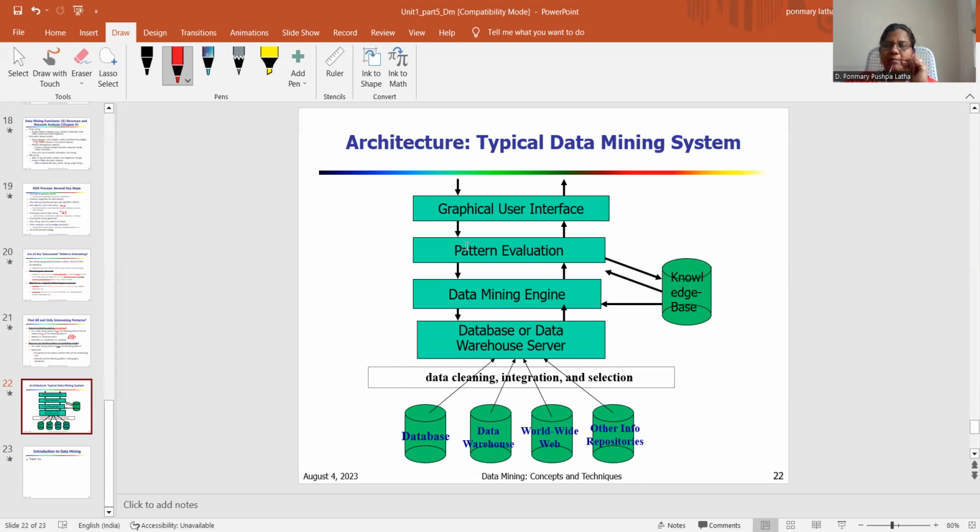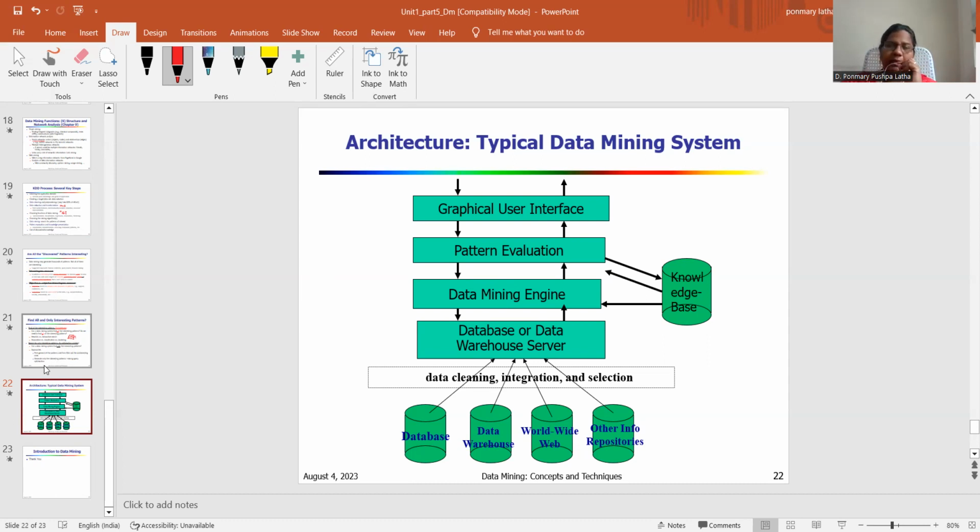Then it stores the data, going to the database or data warehouse server. Here is the process: data cleaning, integration, selection.